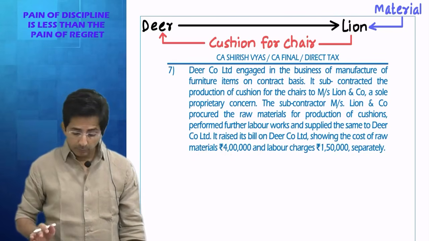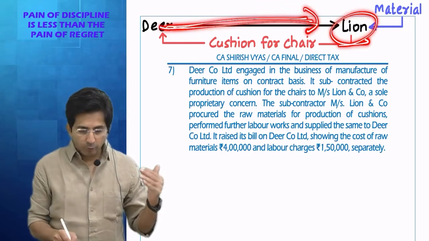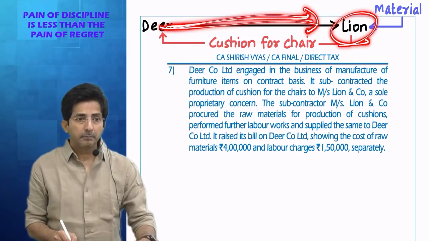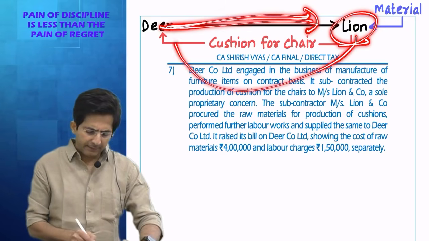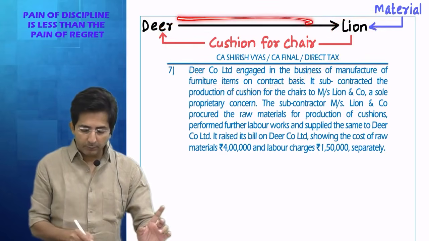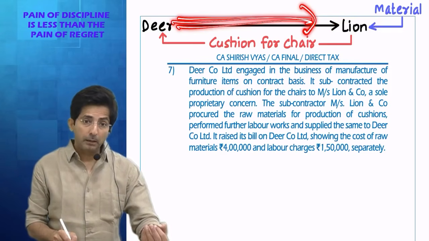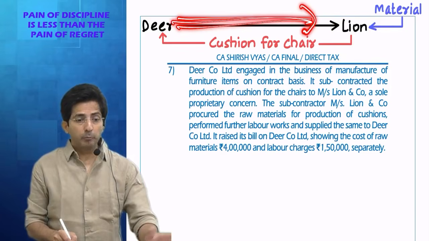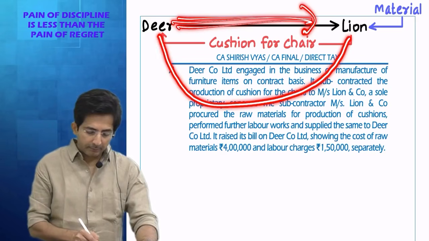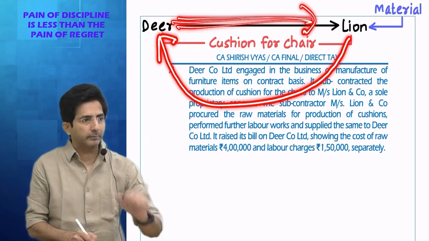Okay. Now, if Lion had procured the material from Deere, you know what happens in real life? First, Lion will purchase the material by making the payment, and then in return it will bill it back to Deere. If Lion takes the material, Lion will not take it free. Lion will literally buy the material, so there will be a buying transaction of material. Then, with that material, when the cushion is supplied to Deere, a full bill will be provided with material and labor.